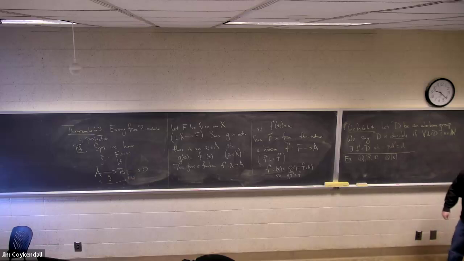This is an abelian group. By the way, every one of those groups I wrote up there has the property that every element has infinite order. Do I agree with that? Can anybody give me an example of a divisible group where every element has finite order?